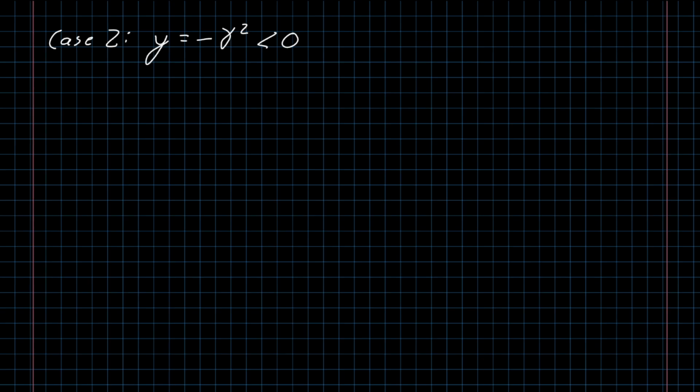For case 2, we're going to assume that lambda is less than 0. And in order to get that directly encoded into our differential equation, I'm going to introduce this new parameter, gamma.